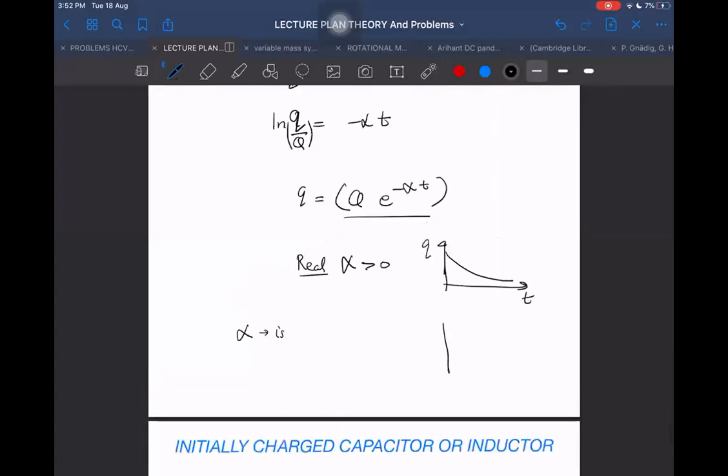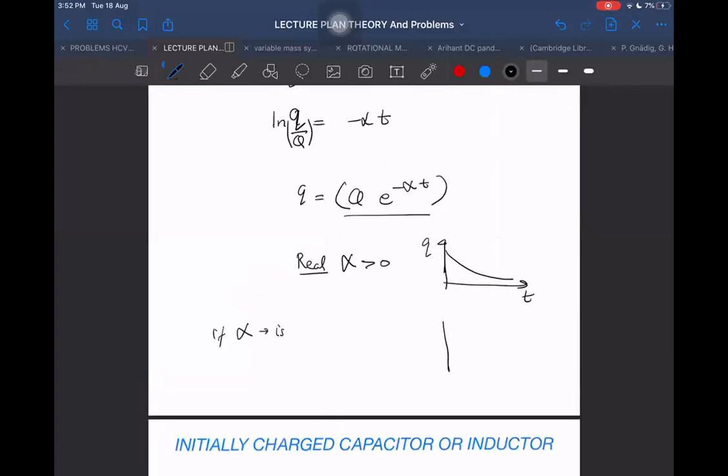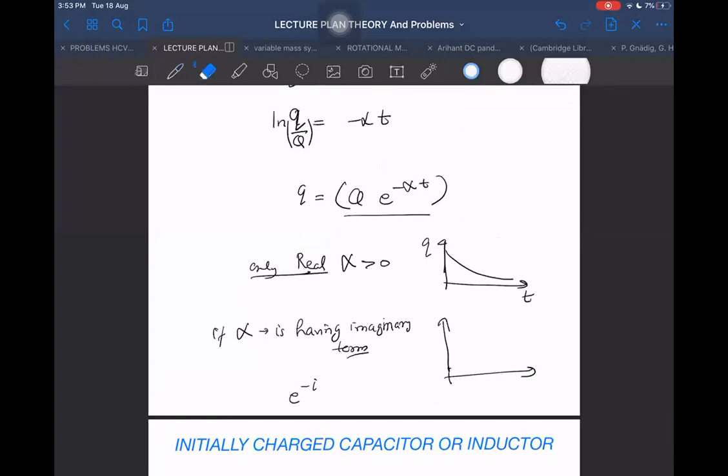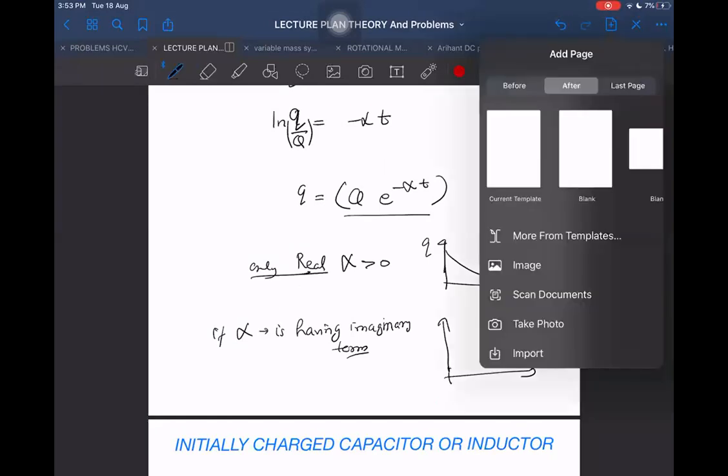So if alpha has an imaginary term, then we will be getting some e raised to power iota omega t term. And e raised to power iota gives us a sinusoidal term. You know that or not? Yes, sir, if I have e raised to power iota something, then a sinusoidal term will be appearing.